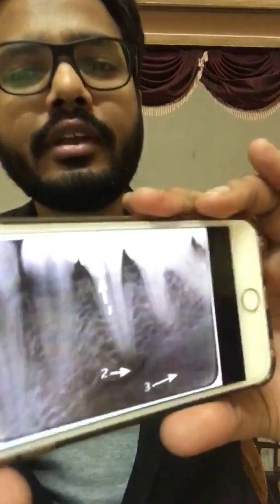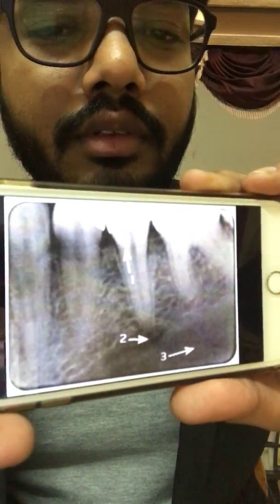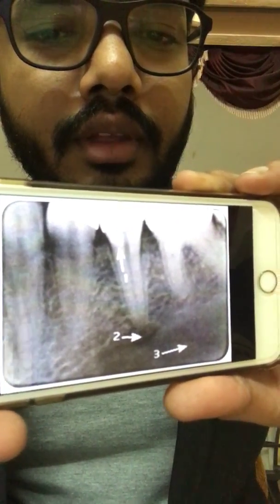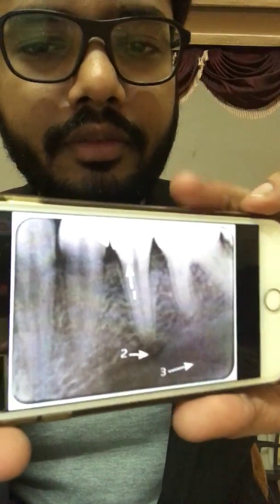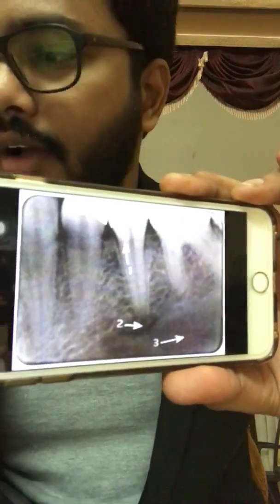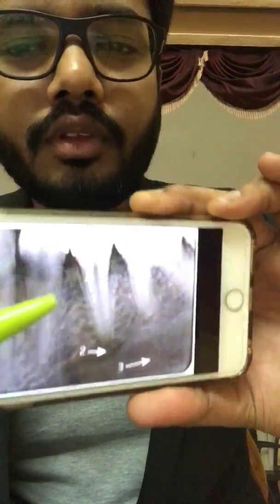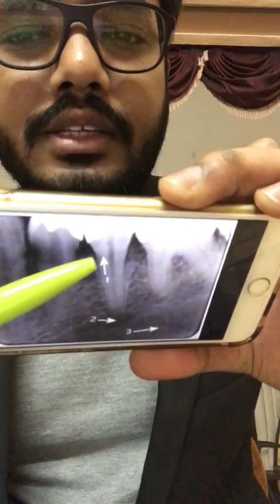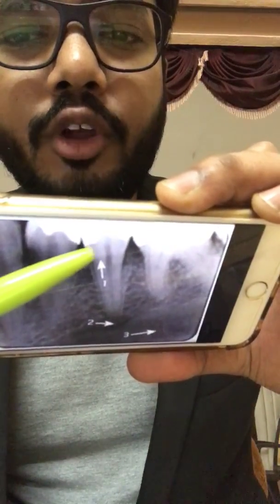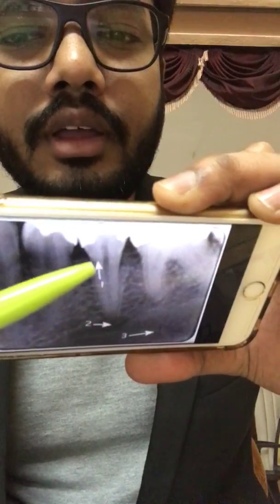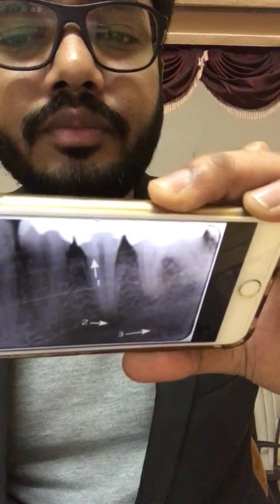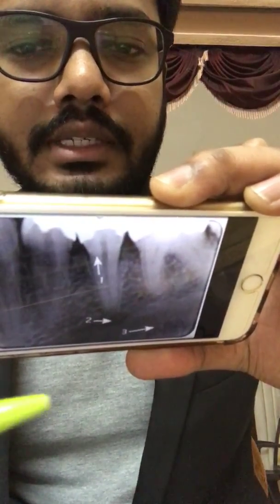You don't find any linear radiolucency, right? And a nerve cannot be seen on a radiograph, right? Let me just show you. This 1 is present between a more radiopaque crown and a less radiopaque root, right? So this is the CEJ. So 1 is pointing towards the CEJ.